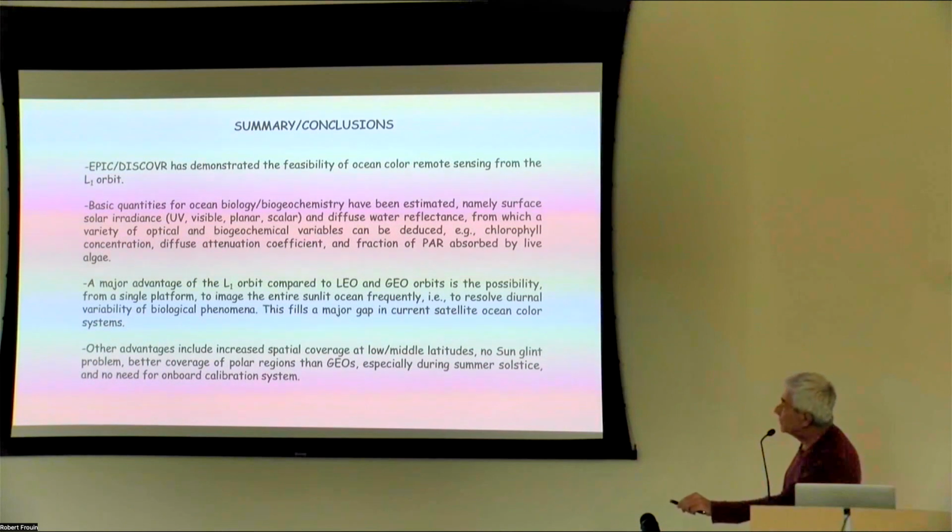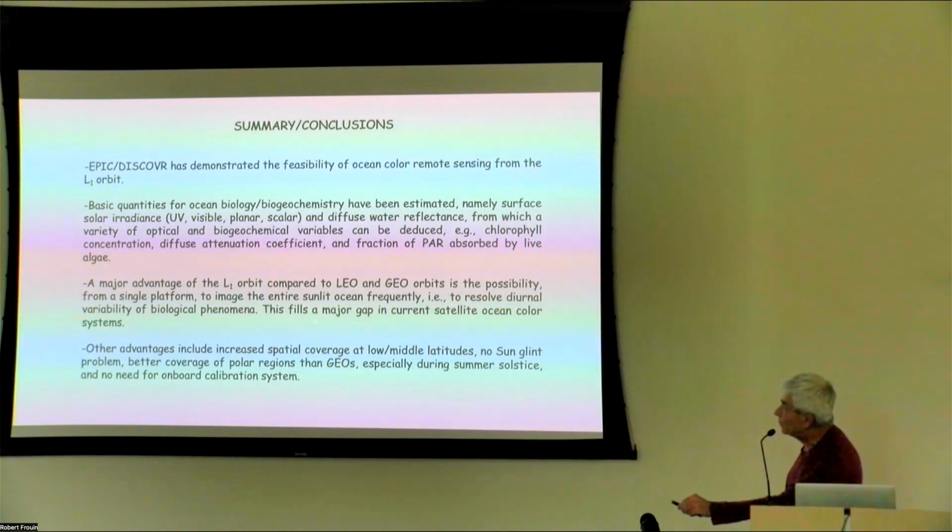And a major advantage of the L1 orbit compared to LEO and GEO orbits is the possibility, from a single platform, to image the entire sunlit ocean frequently. It means you can resolve the diurnal variability of biological phenomena, and this is really a major gap in current satellite ocean color missions.